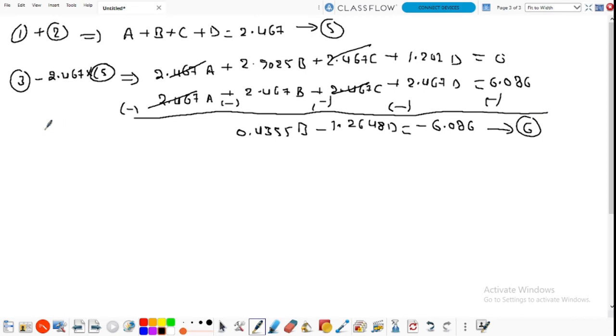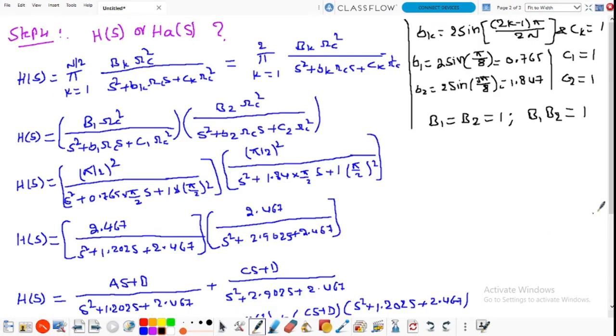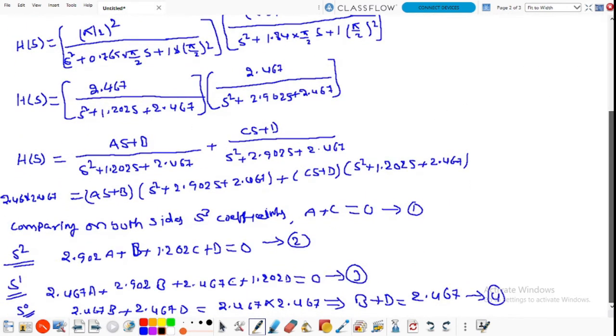And now multiplying equation number 4 with 0.4355 and subtracting that resultant value from equation number 6.